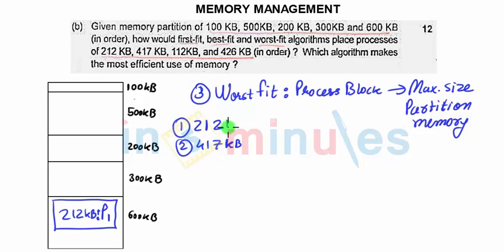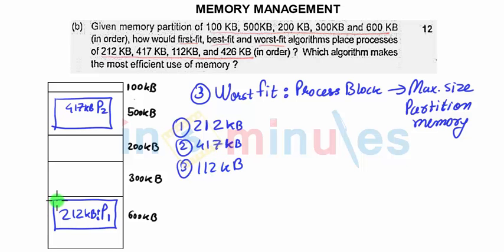Now when you talk about 417 KB, currently available is 100, 500, 200, 300. The maximum which we have is 500, in which we will be putting 417 KB, which is process 2, followed by 200, 300 and 100 left for 112 KB.